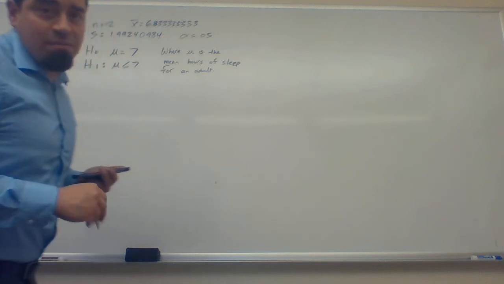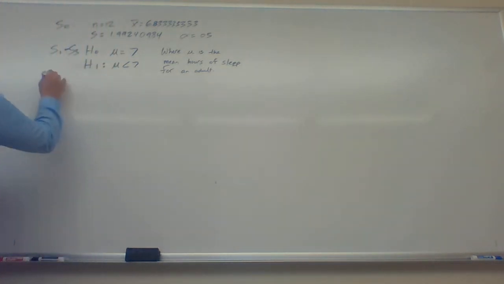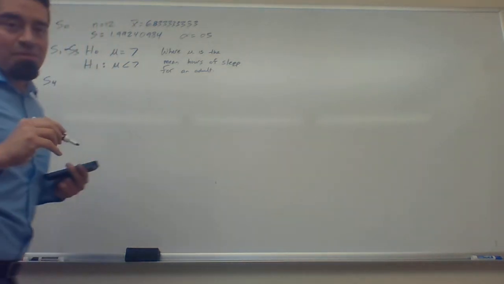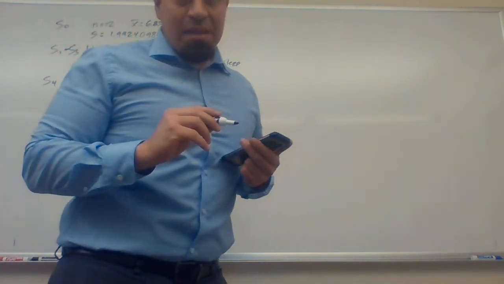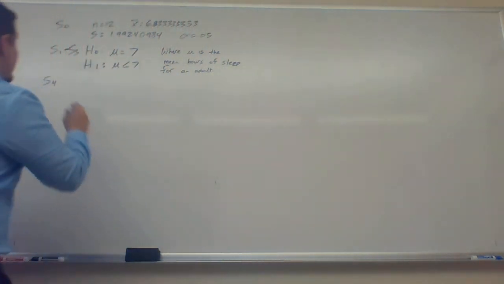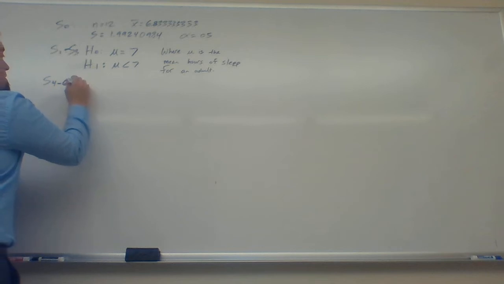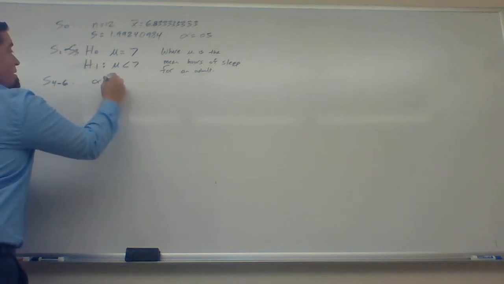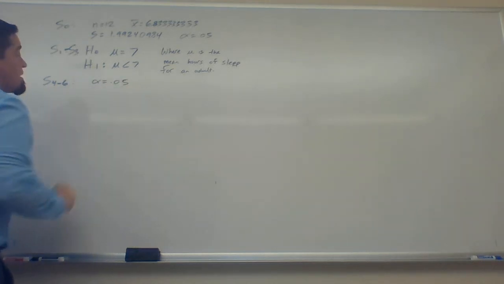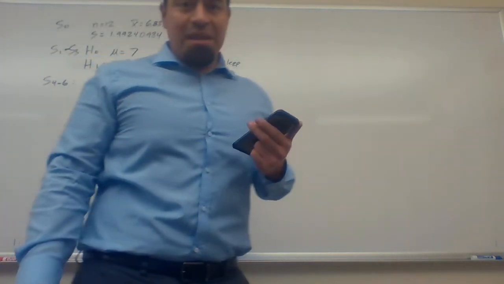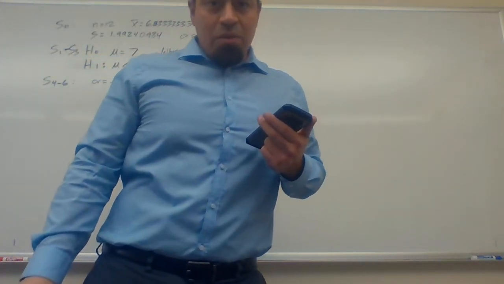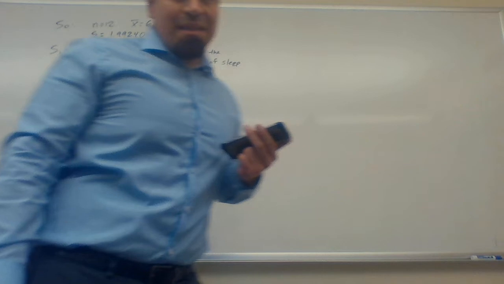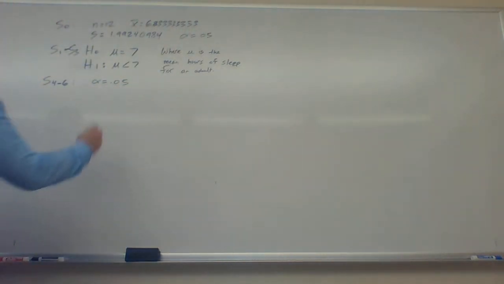Step 4 is set the alpha. In fact, I like to group these, so we'll group these as steps 4 through 6. Step 4 being set alpha, we already know it's 0.05. Step 5 being to determine the test that we will use.